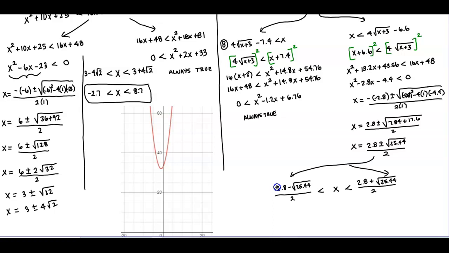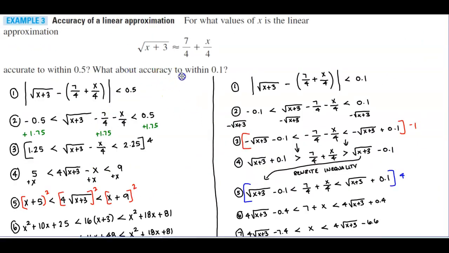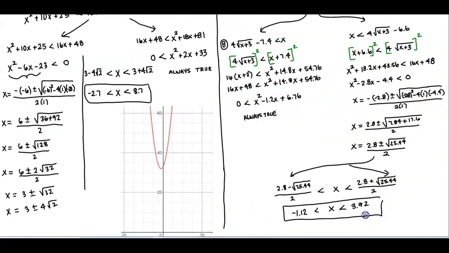Therefore, we know that x is going to be between negative 1.2 and 3.92 for the approximation, with accuracy to within 0.1. And therefore we can see that x is going to be in between those two values.